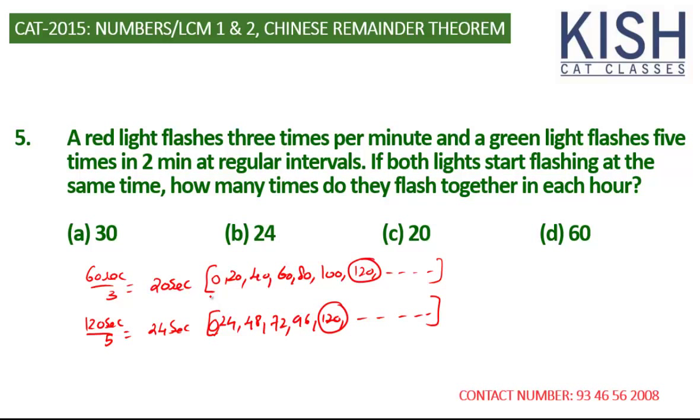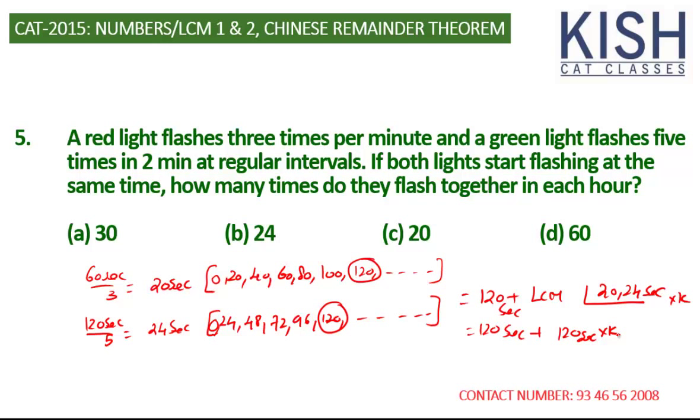In 60 minutes we can say 30 times, or else we can say 120 plus the LCM of the times, that is 20 seconds and 24 seconds, into a constant. That's going to be 120 seconds plus the LCM of 20 and 24, which is 120 seconds, into K. That's it. If K equals 0, it's coming together.